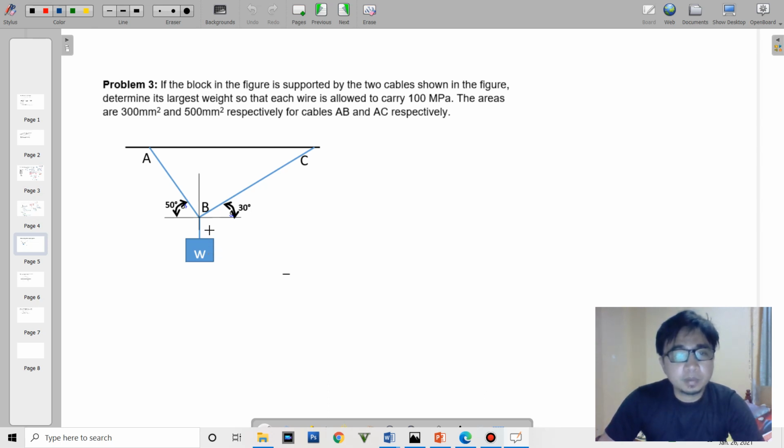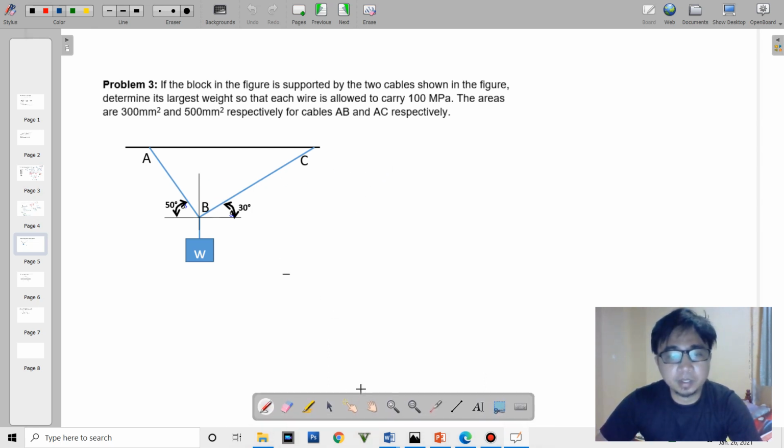So what is the implication of that? Meaning, we will adopt the smaller value of W derived out of the failure of either AB or BC. Perhaps you might think that the approach here is just simple.